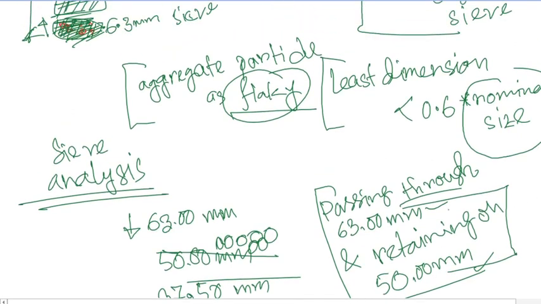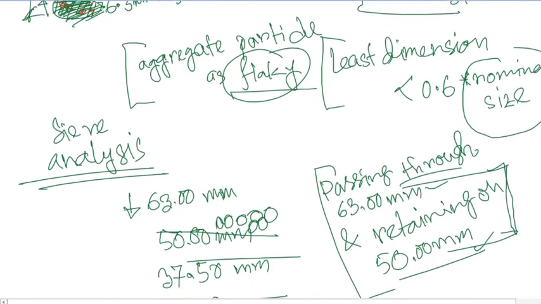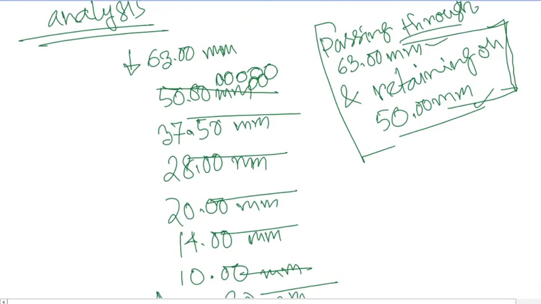Whenever we are dealing with this range of particles, the nominal size will be the average of these two. In all cases the definition remains the same. So if I ask what the nominal size is for the aggregates passing through 63 millimeter sieve and retaining on 50 millimeter sieve, you will simply say it is the average of these two.